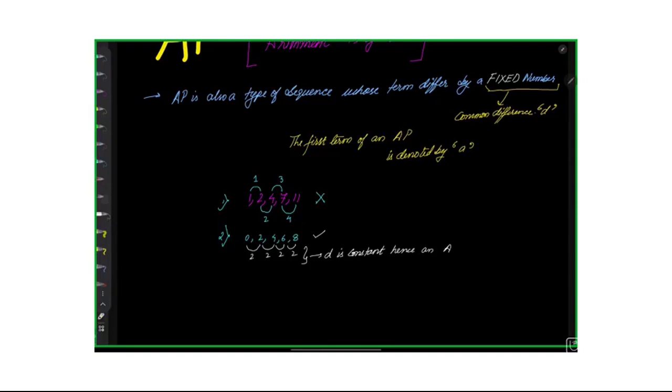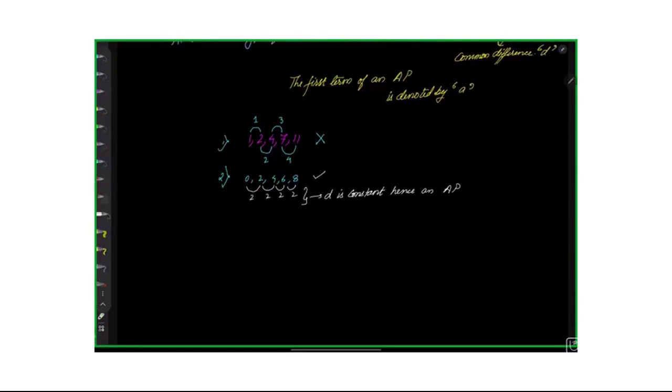Right? So an AP can also be formalized. If I want to write a generalized way of writing an AP, as we know, the first term is denoted by A. So let me write a general form, right? As we know, the first term of an AP is known as A, right? What will be the second term in terms of letters?